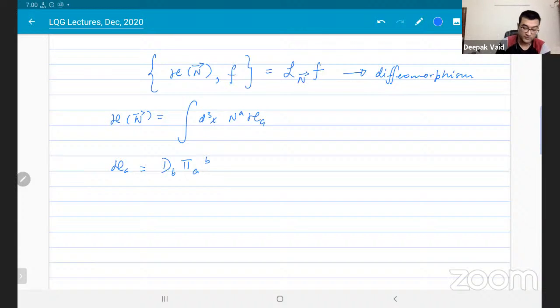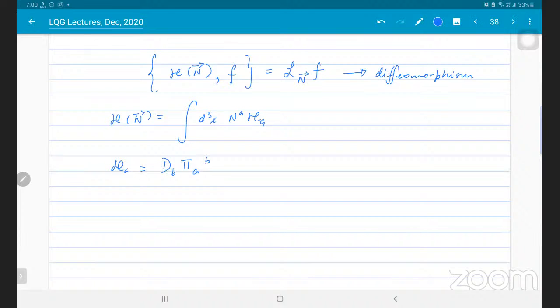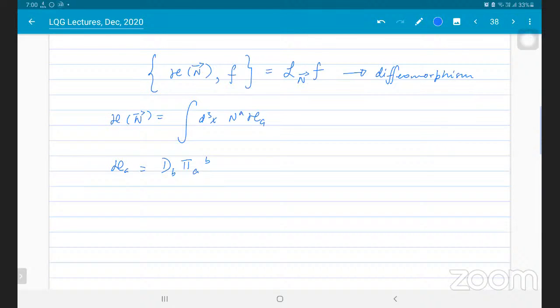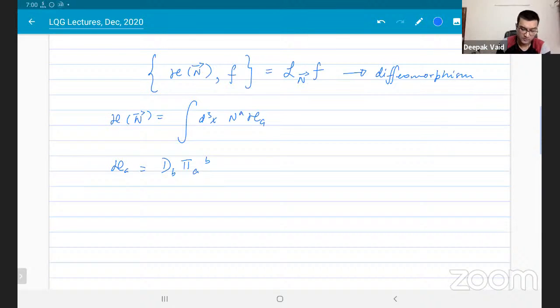So the diffeomorphism is expressed by the Lie derivative of the function. Right. And this property is actually very general. You can think about this in quantum terms or classical terms also.